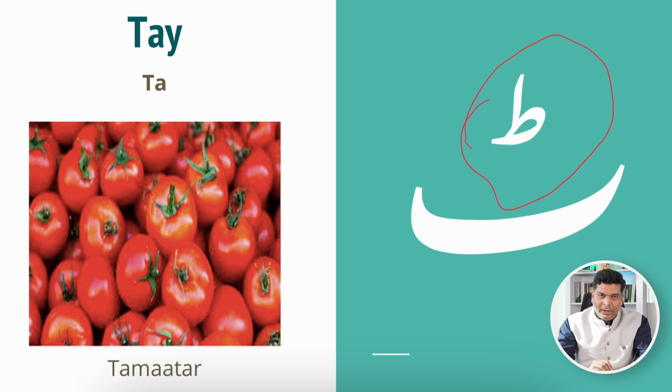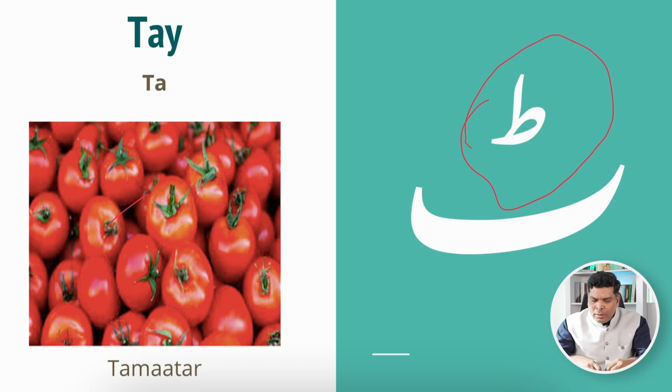The sound it gives you is Ta, and the word for this would be, say, tomato. Now, this Te is not from either Arabic or Persian. It is very much an Indian sound, and this is one letter which may come from the Indian languages.